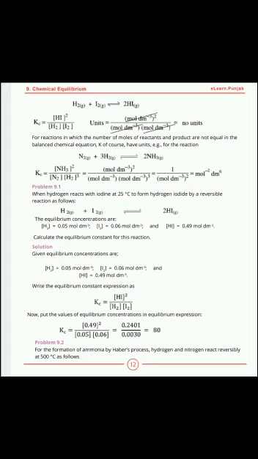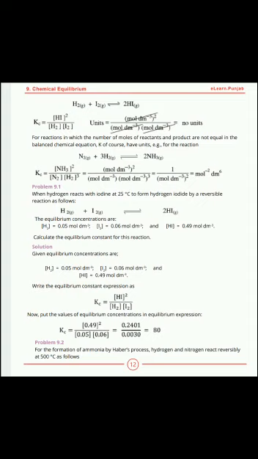You have to calculate the equilibrium constant Kc. First step, writing the equation. Second step, writing the data. Third step, writing the formula for equilibrium constant according to the equation. If your equation is right, then your equilibrium constant expression will be right. In this way you can calculate the exact equilibrium constant Kc.